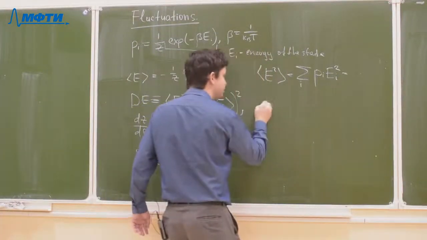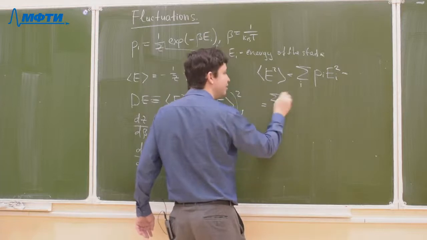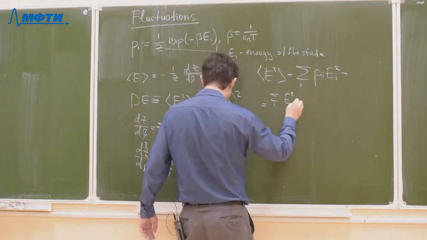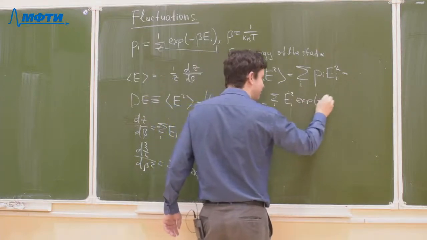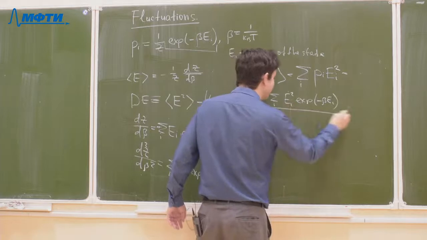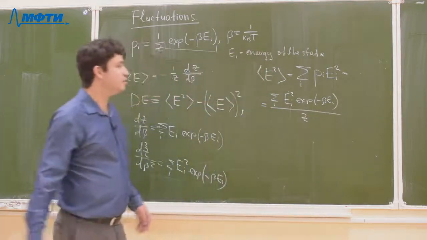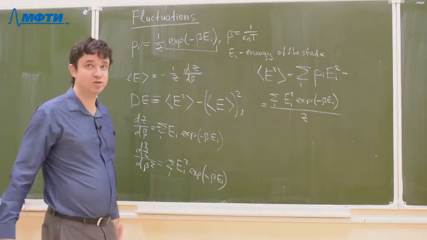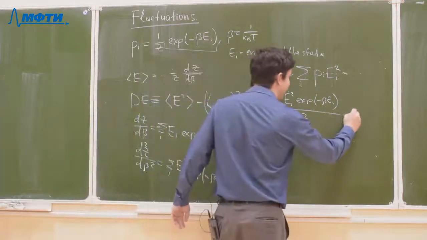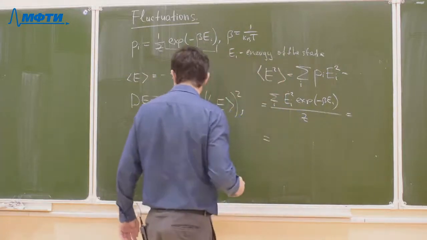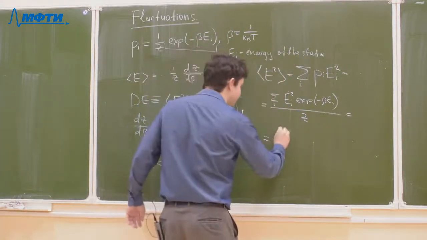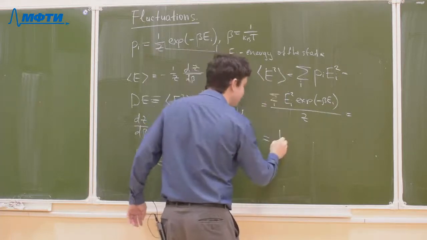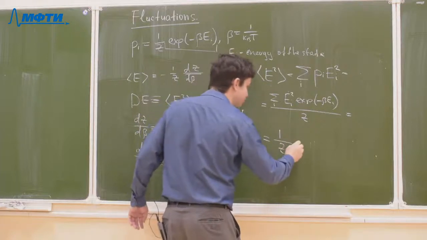And this is the sum over I of EI squared multiplied by exponent minus beta EI. But we also have a partition function in the denominator here, which is added to normalize the probability distribution. And from this, we immediately obtain that the average of energy squared is given by this expression.